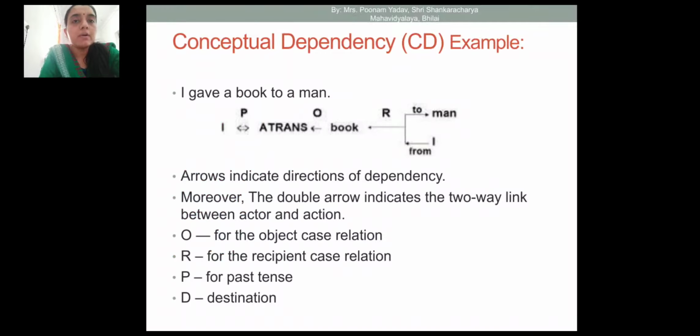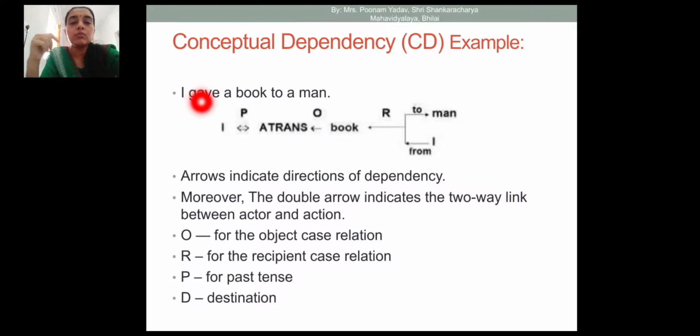Now for example, I gave a book to a man. So the book is transferred from me to that man. Here abstract transmission is used.